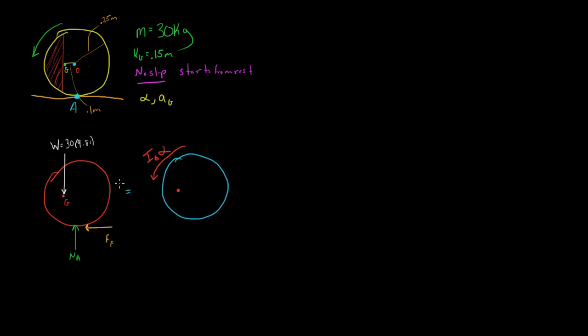And because our center of mass is not the center of this wheel, it's going to have two components of acceleration. It's going to have a component in the x direction right here, and a component in the y direction right here. And this is equal to its mass times its acceleration. So 30 times the acceleration in y. And here, 30 times the acceleration in x.